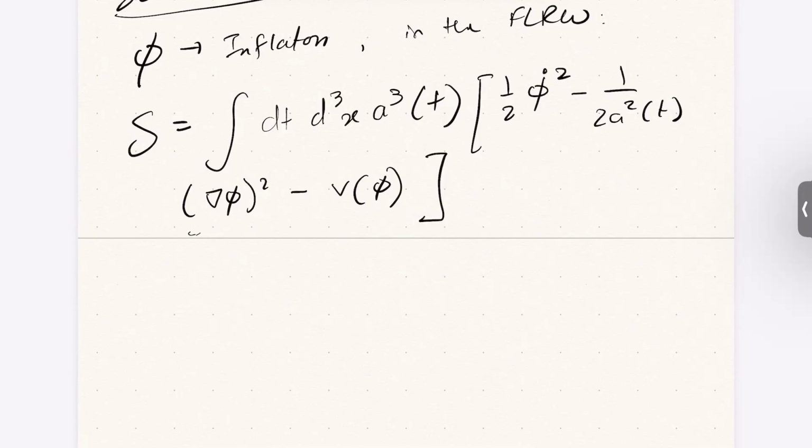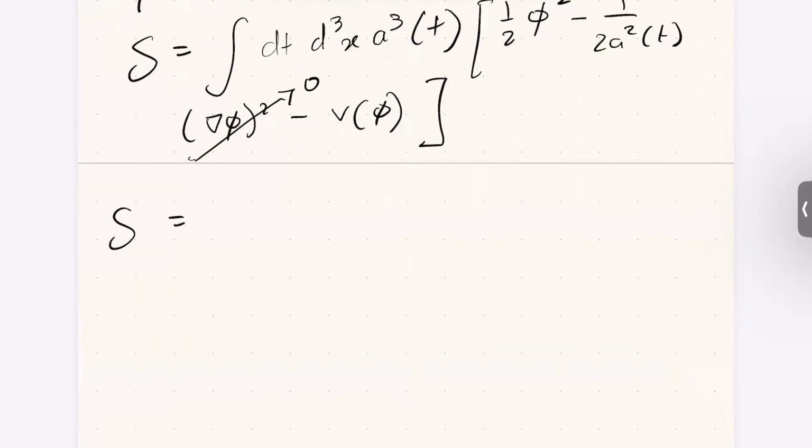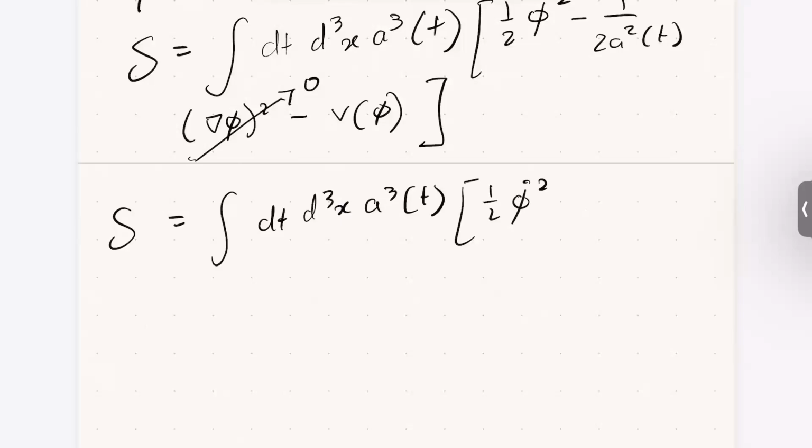That means this term over here should go to 0, right? Because you see it's a gradient over the spatial indices. And therefore, the action boils down to the following. Just a kinetic term, which is a temporal derivative phi dot, and a potential term.